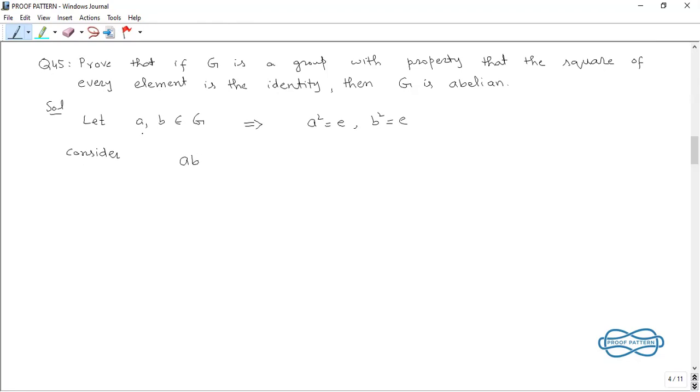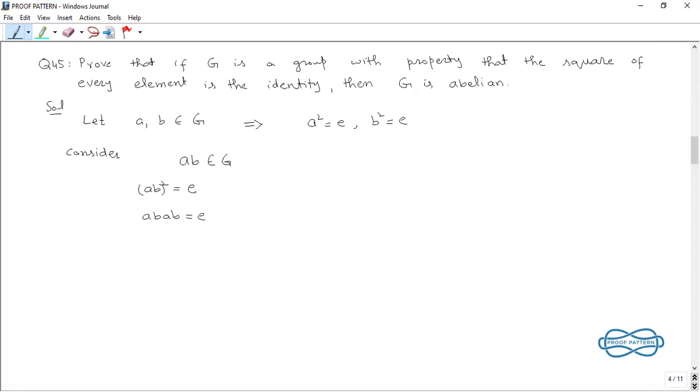Because a and b are both elements of G, their product is also an element of G. And since ab belongs to G, it means (ab) squared is also equal to identity, by the definition that every element of G has its square equal to identity. This can be written as abab is equal to e.